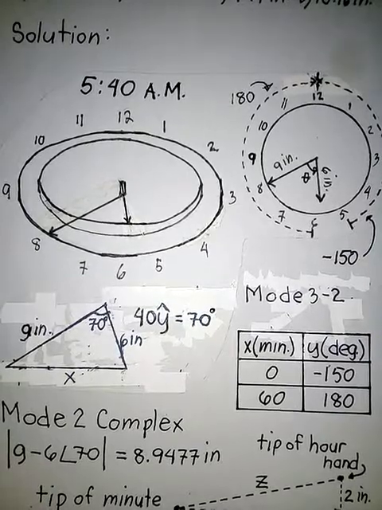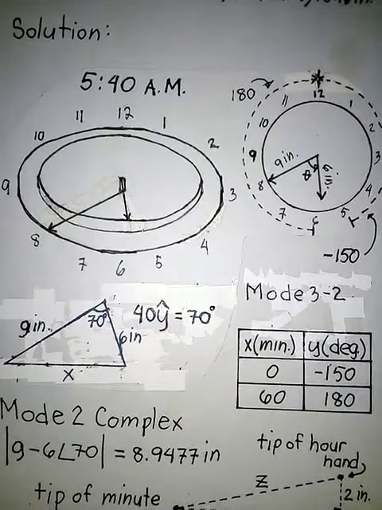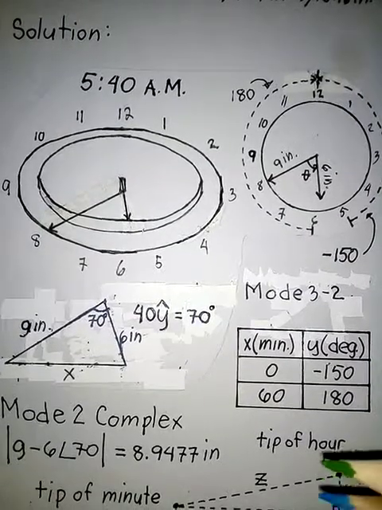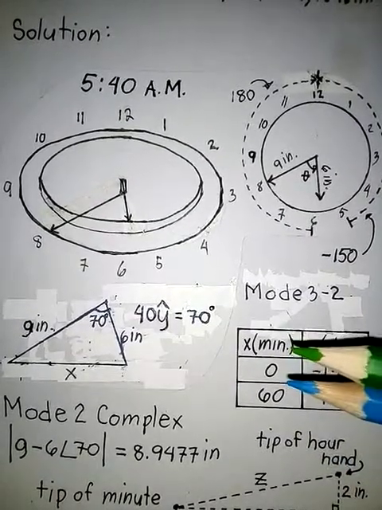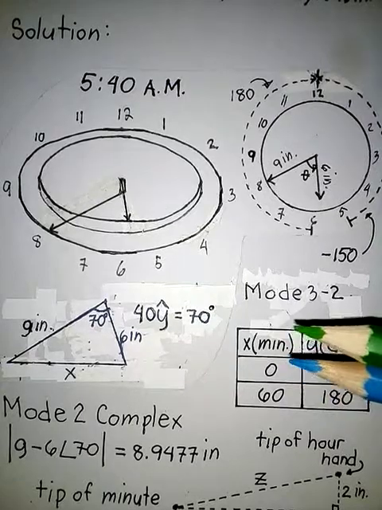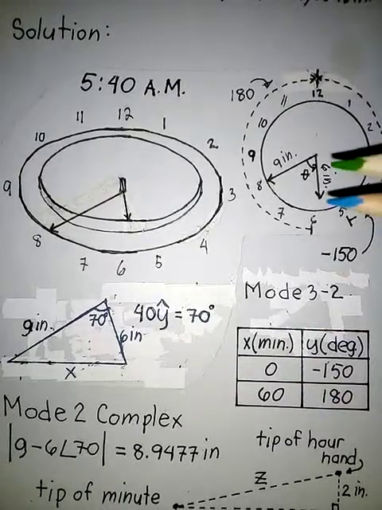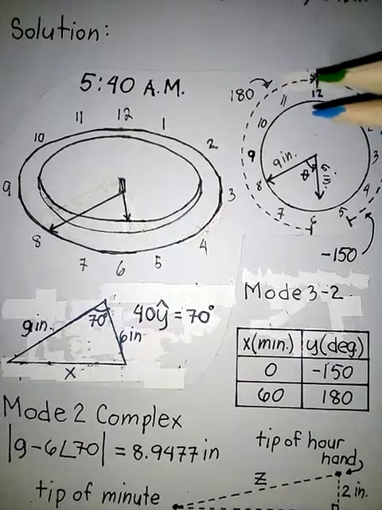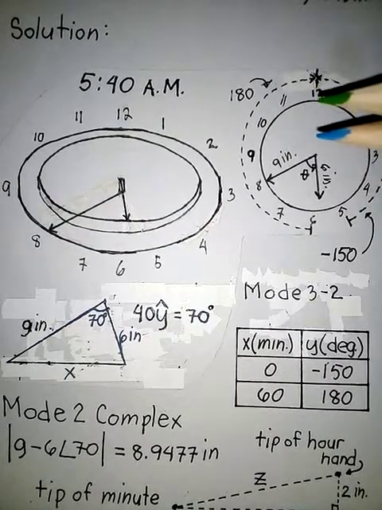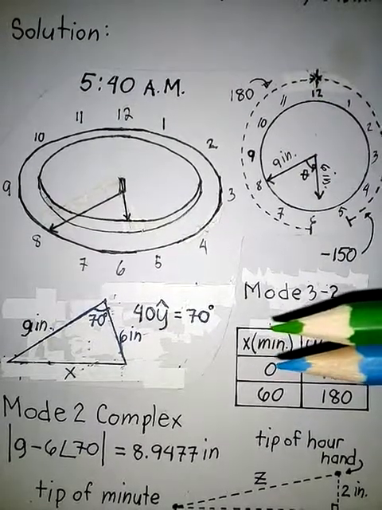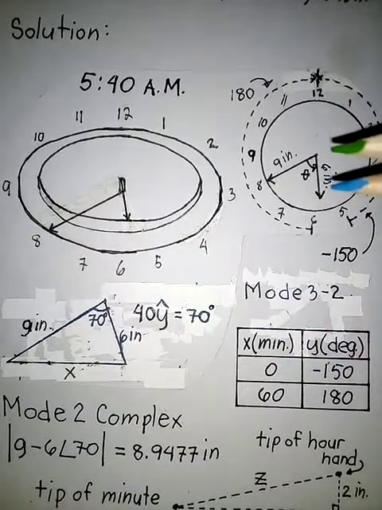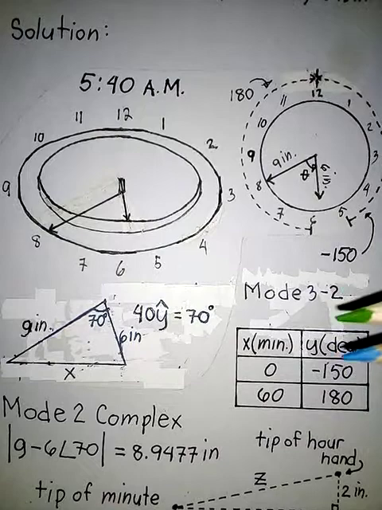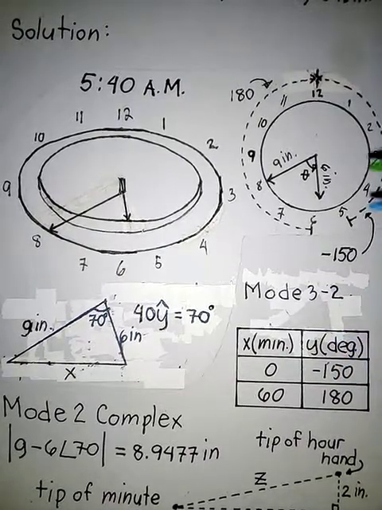So at x equals 0, this means that the time is at 5 a.m. At 5 a.m., the minute hand is not yet moving, so x is equal to 0 for the minutes. For the y column, this is equal to negative 150 degrees.